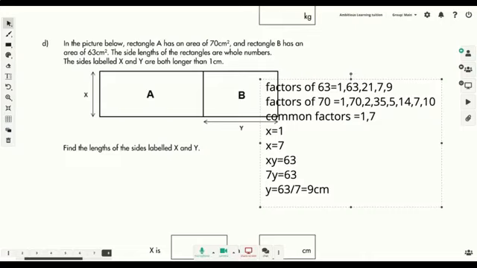Find the length of the sides x and y. So you know that x is 7, and you need to find out what y is. Put the value of x there, 7y equals 63. Then y equals 63 divided by 7, that's 9 centimeters. So I hope all of you got the same answer for this one. So let's move on.